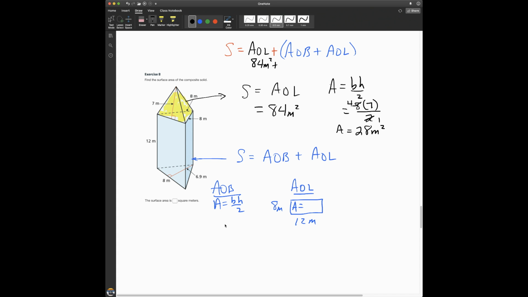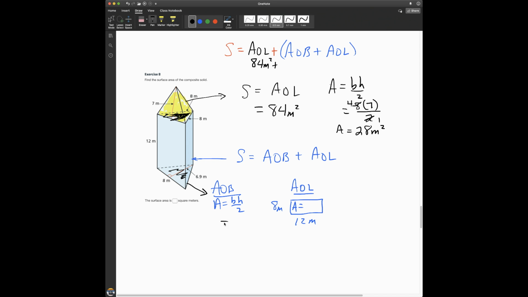And then down here, I don't need the base of this triangular prism. I don't need this base up here. That's not going to count towards the surface area. Sorry, losing my voice. But I do need the area of this base down here. So that's what I'm going to calculate there.